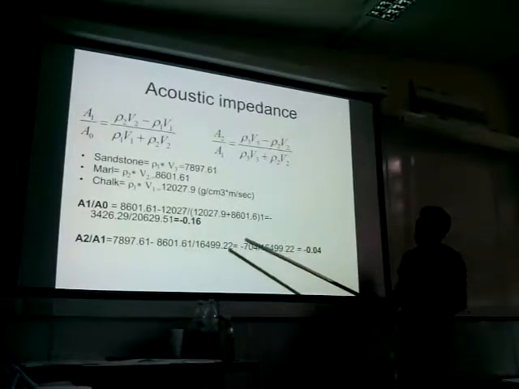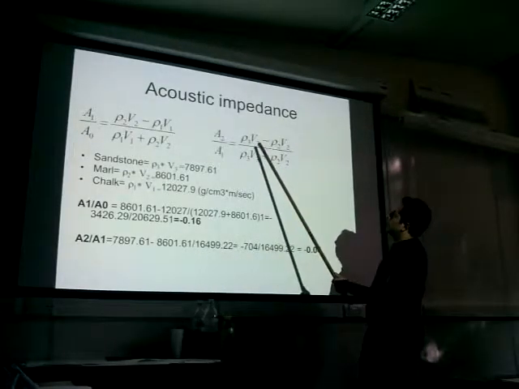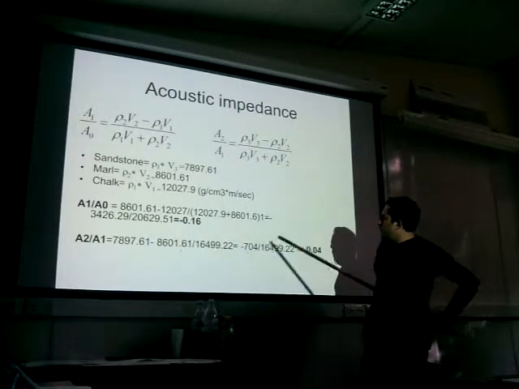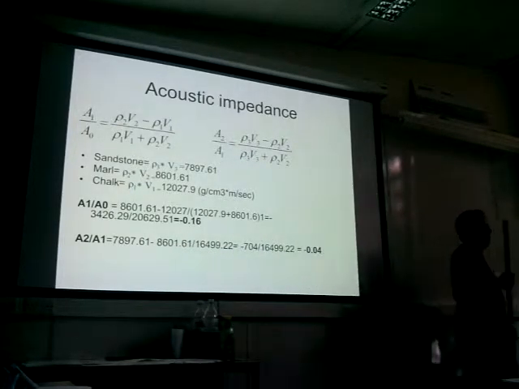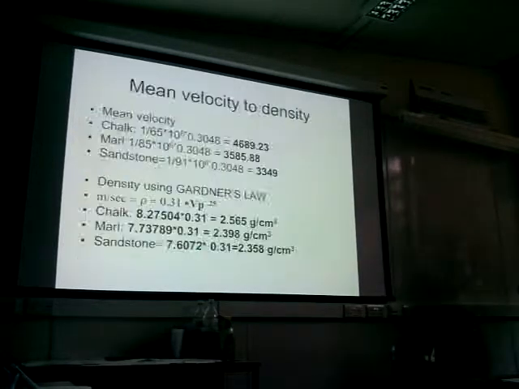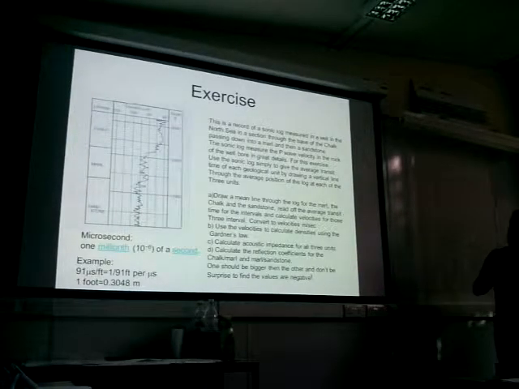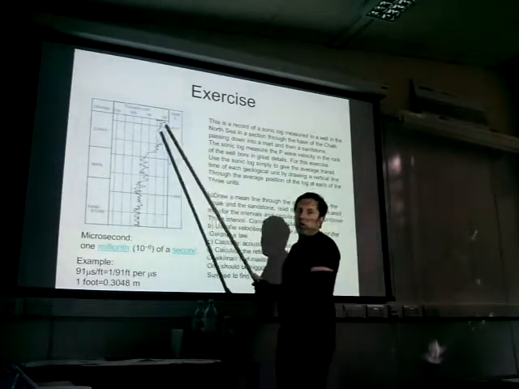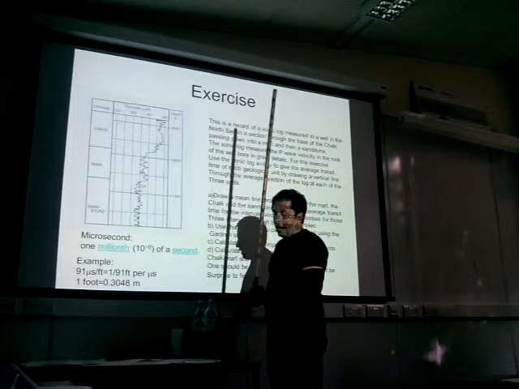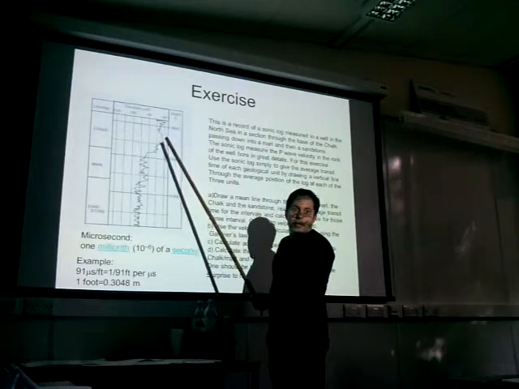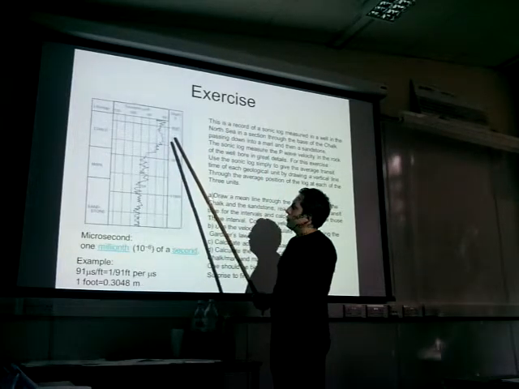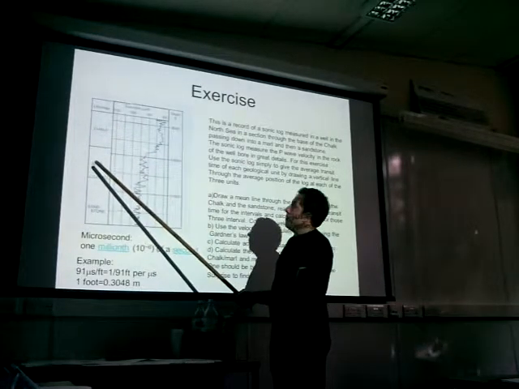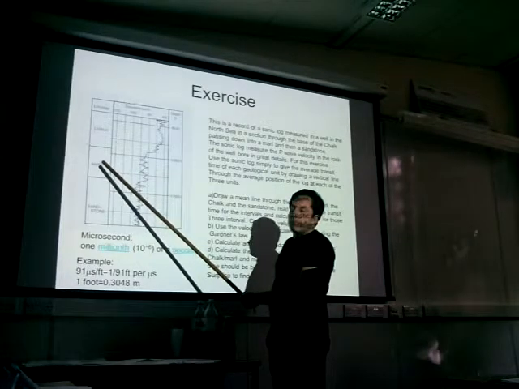I do exactly the same thing. In that case, I got the marl over the sandstone, and that's what I obtained, minus 0.4. So it's telling me that, given the density I calculated with the Gardner laws and the impedance contrasts from the sonic log information, chalk-marl is a negative reflectivity.